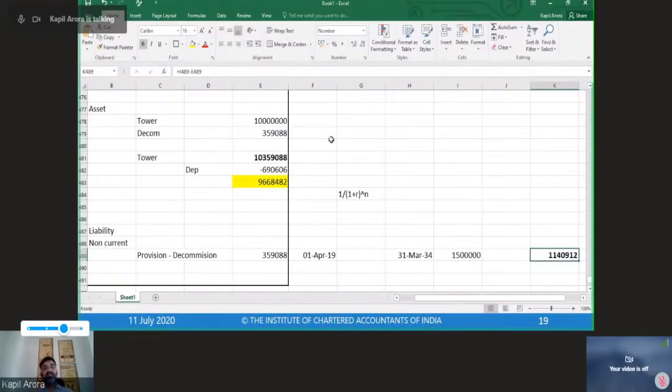This 11,40,000 is actually, because I have taken the present value, it means I have ignored the interest component. So this will be the interest. But this interest we are not going to charge in 1 year. We are going to spread it over 15 years.